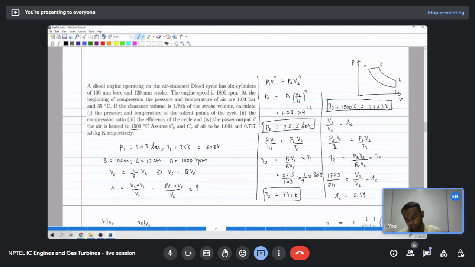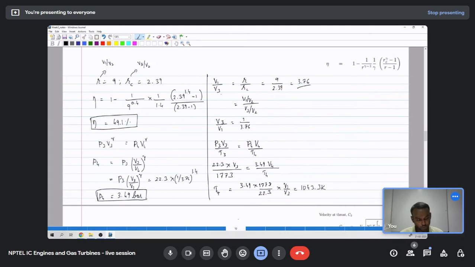Now the power output has to be calculated. For power output we can compute QH, and so work done is equal to heat input into efficiency. Now heat input is Cp times (T3 minus T2) into efficiency.